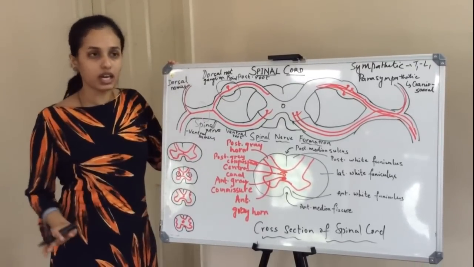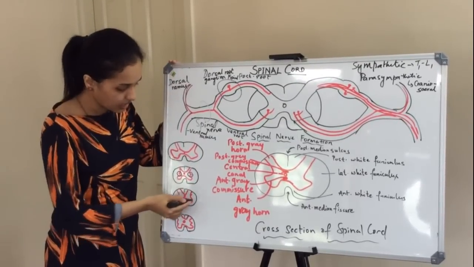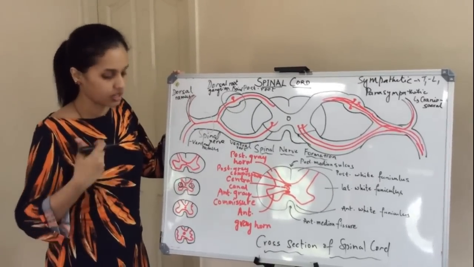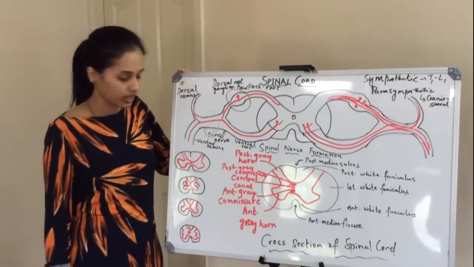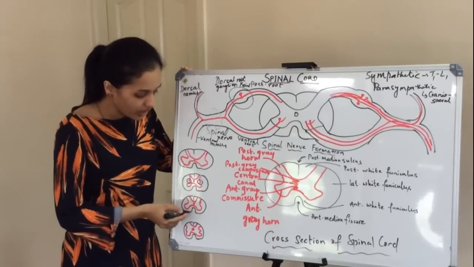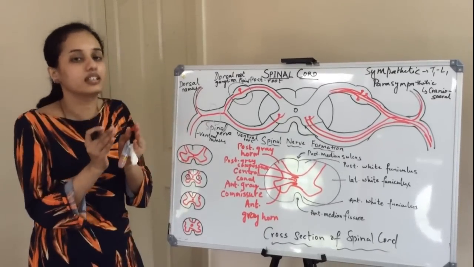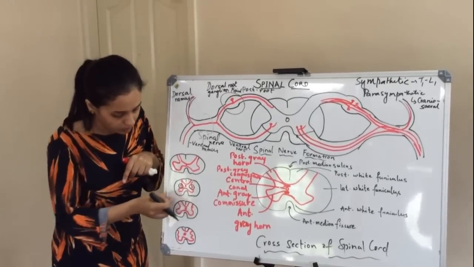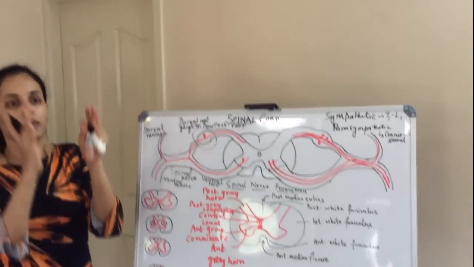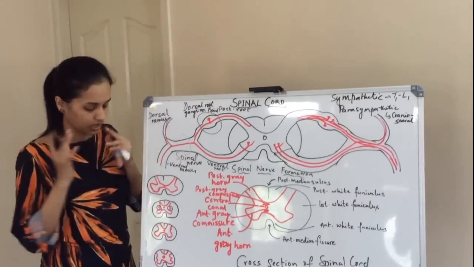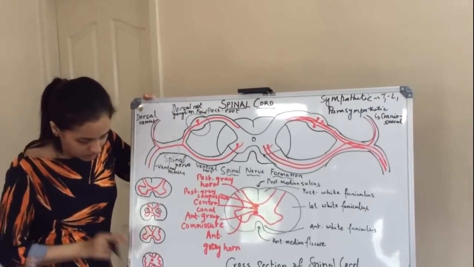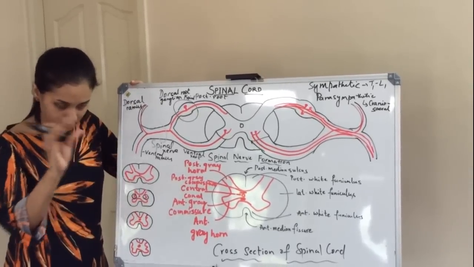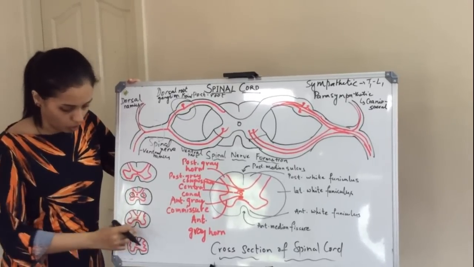Now coming to the lumbar region, the grey matter is more in amount because there are more fibers supplying the lower limb muscles, and the white matter area slowly decreases when compared to thoracic and cervical. Now coming to the sacral region, the white matter is minimal and the grey matter is more.